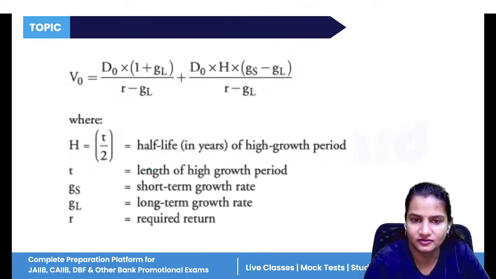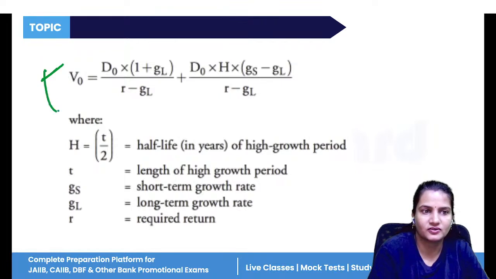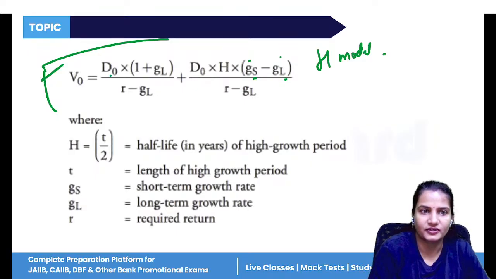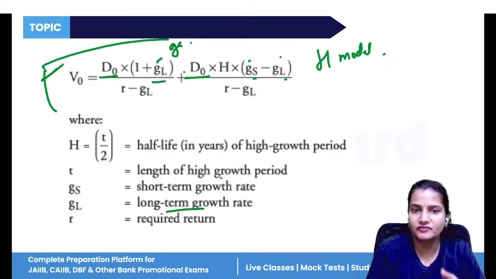Okay. Now, this is the formula of the H model and the formula is very, very important. Here GA and GL are denoted as the short term and long term growth. D0 is the dividend of the previous year.